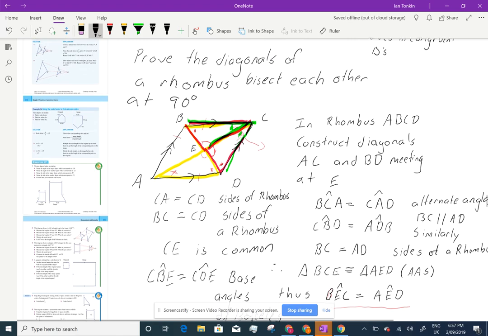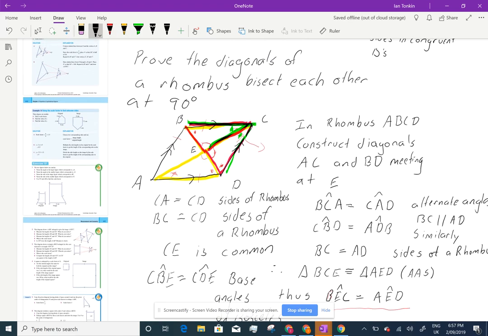So we've just proved that that angle is 90 and that angle is 90.